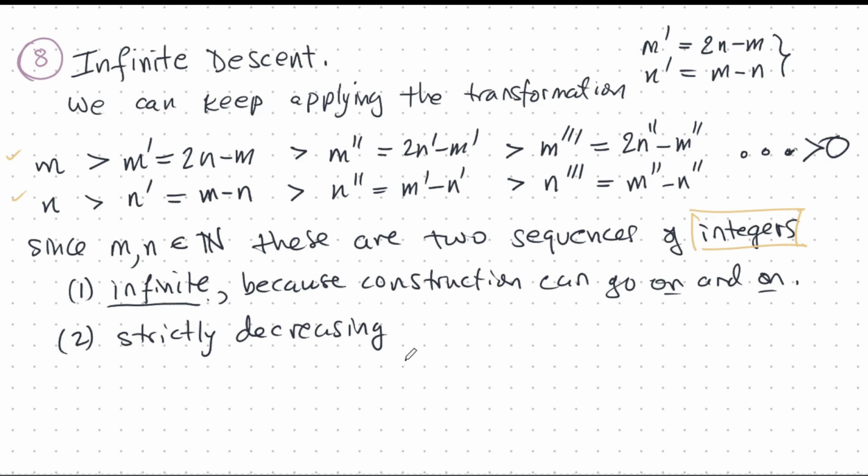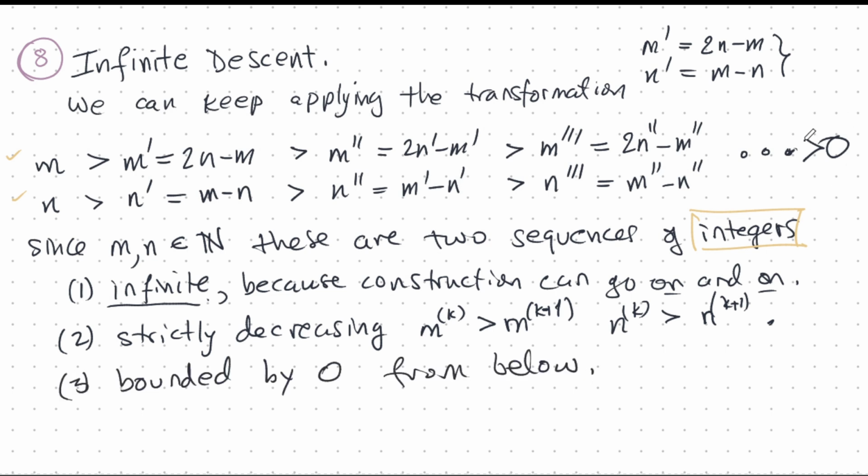They are strictly decreasing. So if I have, for example, mk, this is going to be greater than the mk plus 1th application of the transformation. And then also nk is going to be greater than nk plus 1, like this. We proved these things earlier.